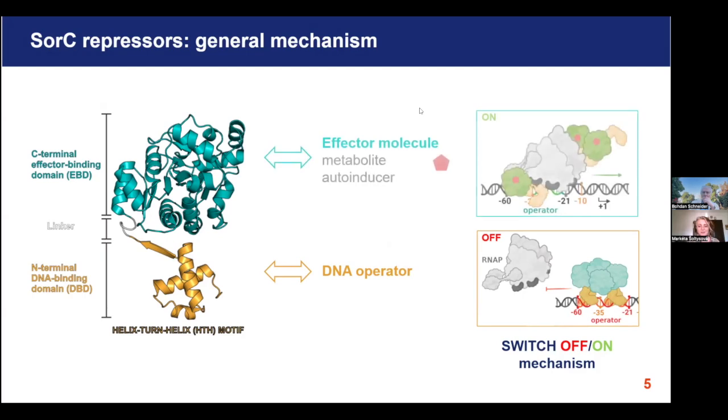But once there is a change in the environment, for instance, when the cell is pushed to utilize an alternative carbon source, this change is reflected by the presence of a small effector molecule. This effector binds to the effector binding domain, triggers the conformational change of the protein, and this change leads to a decrease of the affinity to the DNA, so the RNA polymerase has a free space to proceed with the transcription.